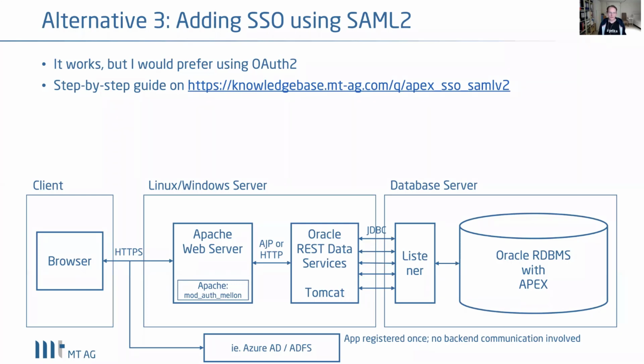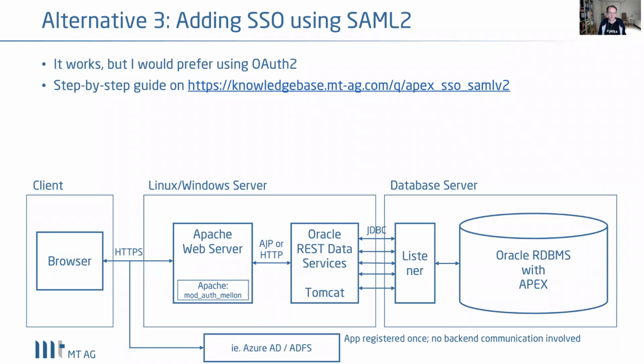The communication process in this case is a little bit different. We don't have the token going back and forward. So a request from the browser goes to the Apache web server. And then it all works with encrypted XML messages. So an encrypted XML message is being generated, and that can only be read by the Apache web server after authenticating with the Azure AD.